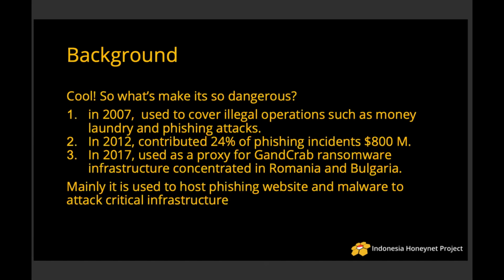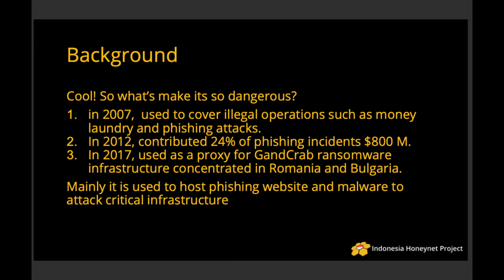Okay, cool. So what makes fast flux so dangerous? In 2007 to 2012, fast flux was mainly used for phishing incidents, so for doing scams. However, throughout the last 8 years, fast flux has become used as an infrastructure for malware propagation.